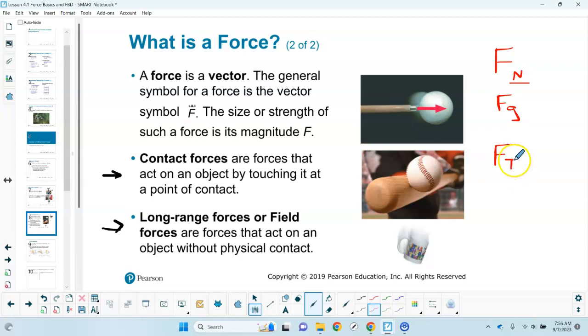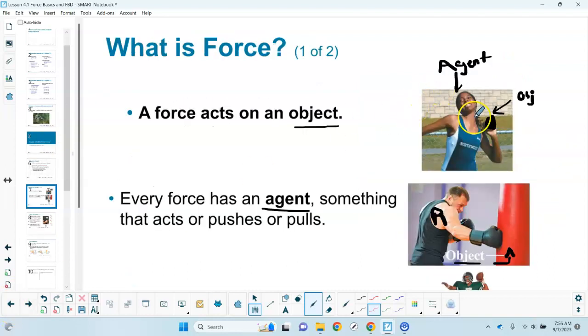Those are all the subscripts. We'll learn about what these are in a later video, but F just stands for force, and then the little subscript for me is what is causing that force or the type of force that it is. So if we came back here to the person punching the bag, it would be the force of the man or whatever.